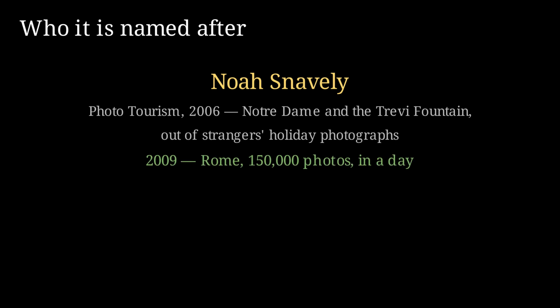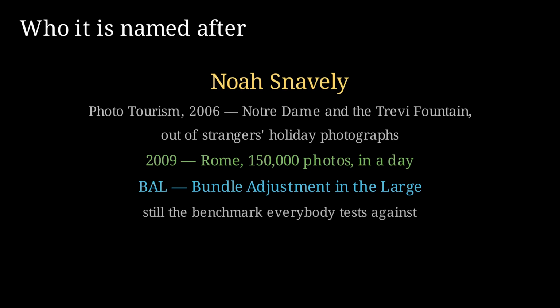Notre Dame, the Trevi Fountain, from strangers' holiday snaps. 3 years later, the same group did Rome, 150,000 photos of it in a day. And the file format they released? BAL, bundle adjustment in the large, is still the benchmark everybody tests against.